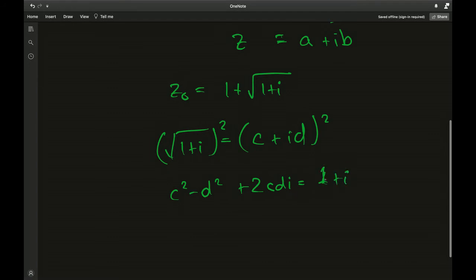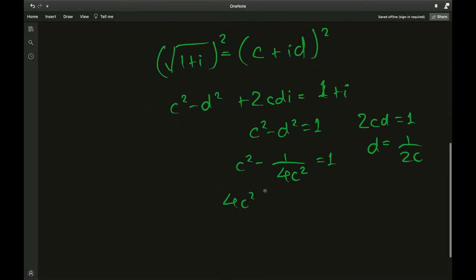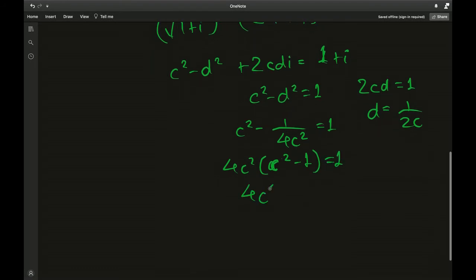Now comparing real and imaginary parts, c squared minus d squared is 1, and 2cd is 1 because the coefficient of i is 1 over here. That means that d is 1 over 2c, and we have c squared minus 1 over 4c squared is equal to 1. Multiplying by 4c squared, 4c to the 4th minus 4c squared minus 1 is 0.